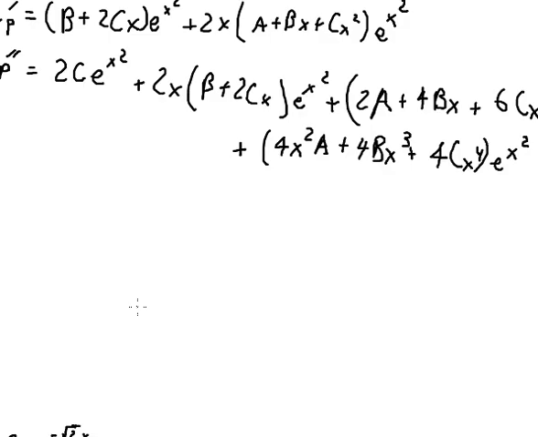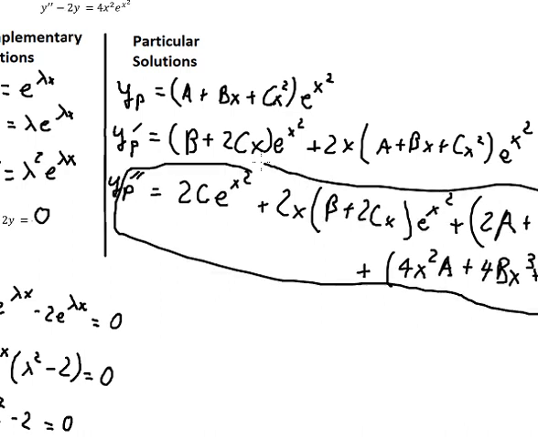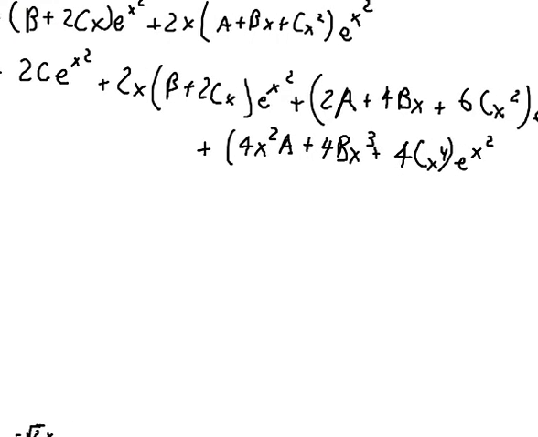Next, we know that we have the second derivative of y and negative 2y. So we just select this one and this one. So we have it like this.